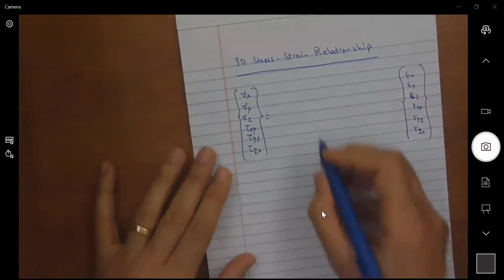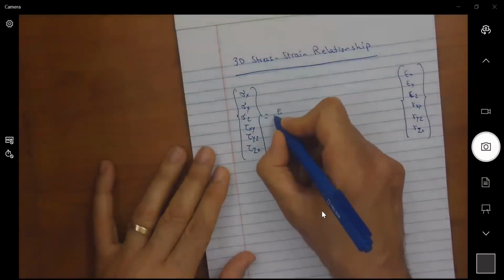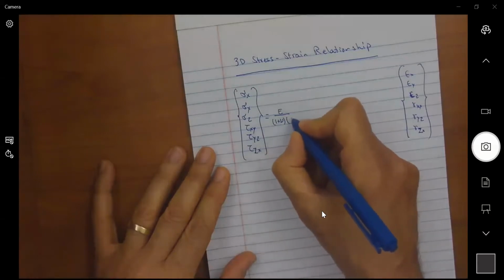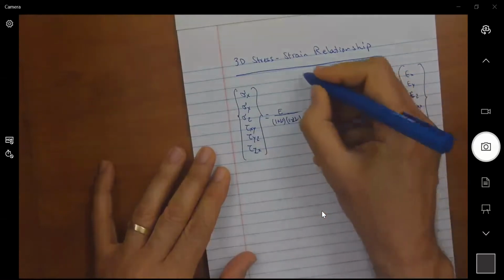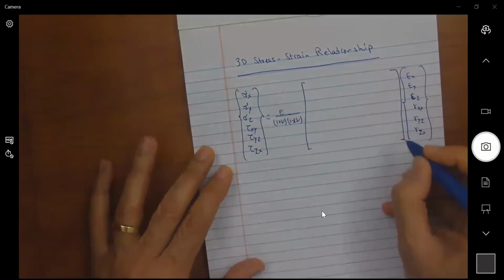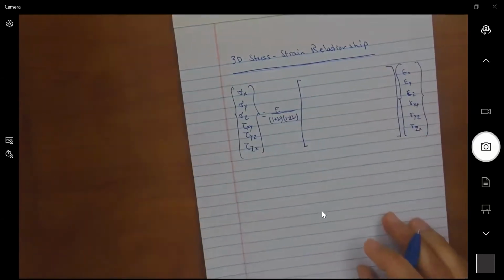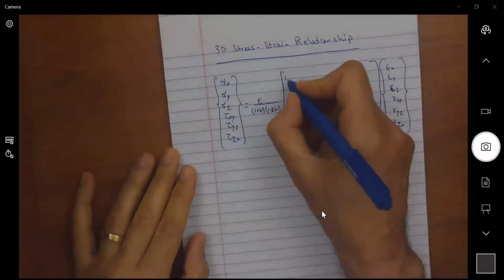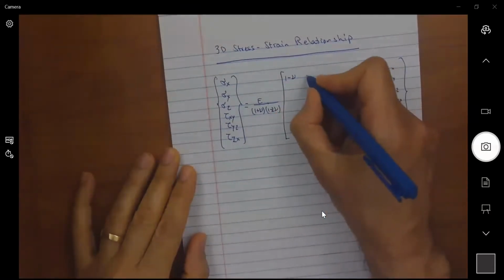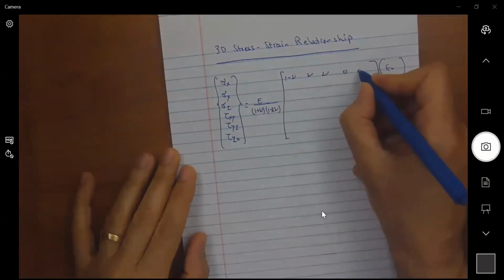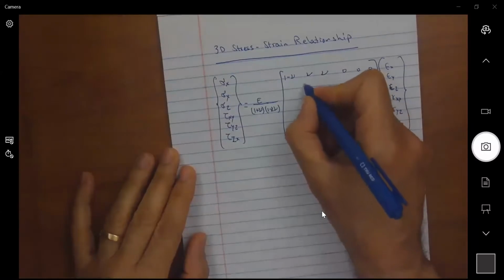By the matrix D, which is equal to E divided by 1 plus nu multiplied by 1 minus 2 nu. And here I have a 6 by 6 matrix. 1 minus nu along the diagonal for the first three entries, and there are going to be many zeros. I have here 3 zeros, and then it's a symmetric matrix.